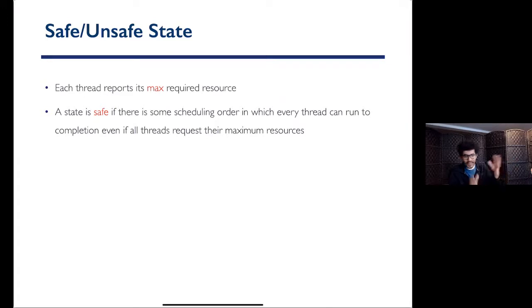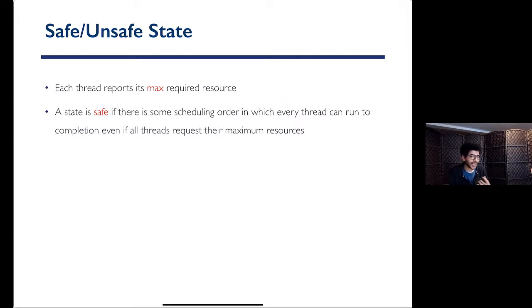So if there is an order where everybody can finish, then I'm in a safe state. If, however, there is no possible order that everybody could finish, then it's an unsafe state. Now, when I say could finish, it's with respect to their maximum demand, right?